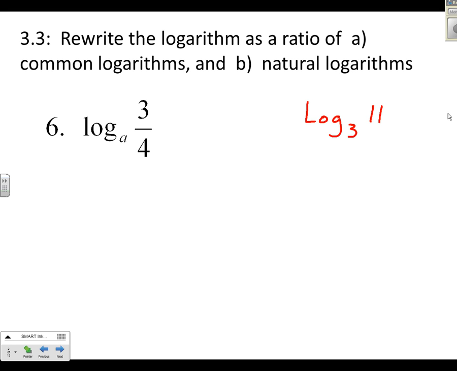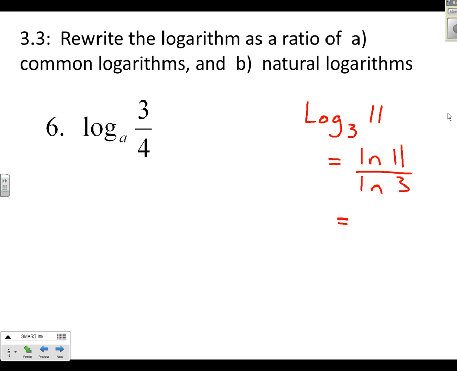What change of base allows us to do is use any base we want. On a calculator, we'd want to use base 10 or base e, natural log. I'll use base e: natural log of the argument over natural log of the original base.